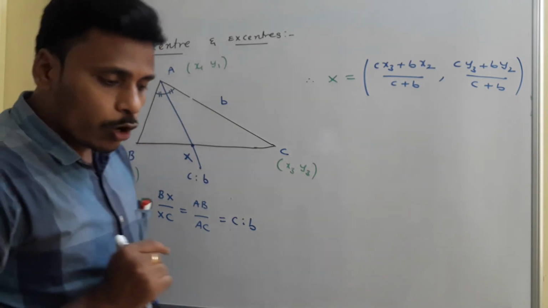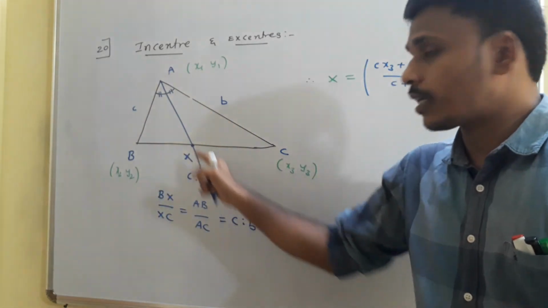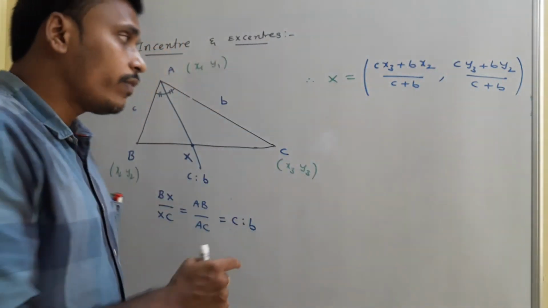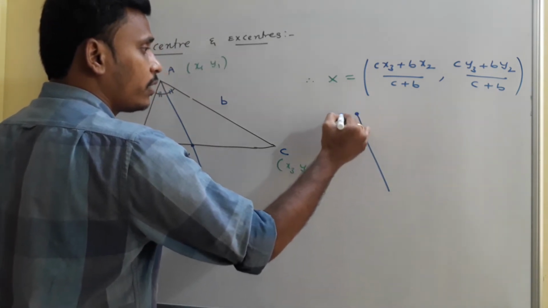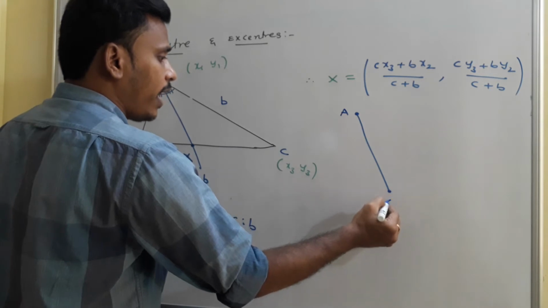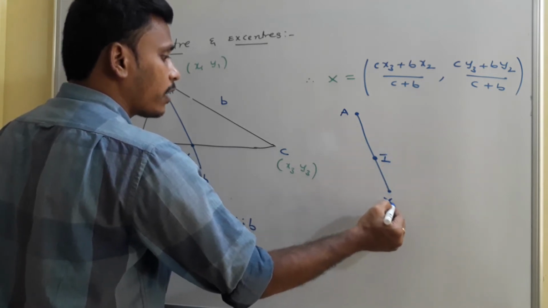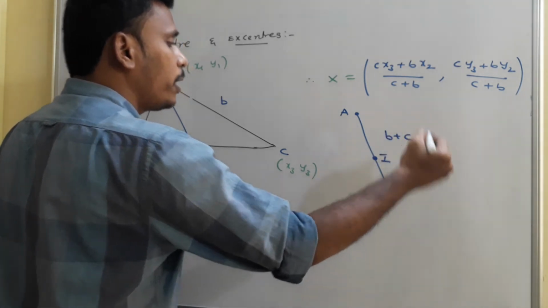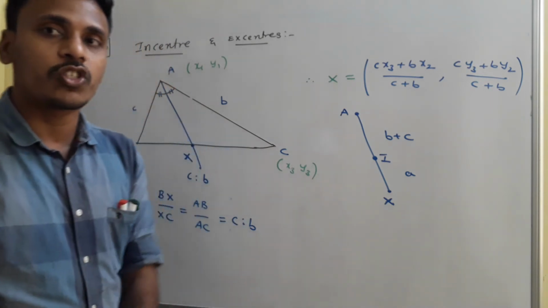And now we need to calculate the incenter. Incenter is the point of concurrency of angular bisectors. Since it is on one angular bisector, the incenter for sure lies on it. As we already mentioned in different situations, with A and X, the incenter is on this angular bisector, dividing AX in the ratio b plus c is to a. What is that ratio? b plus c is to a.